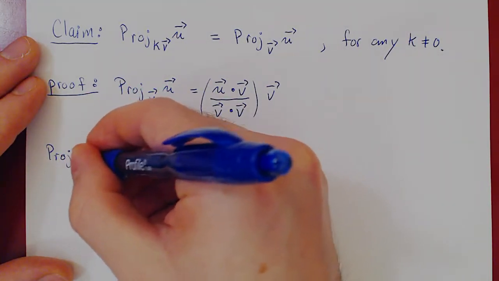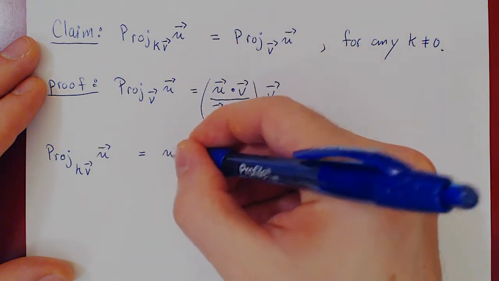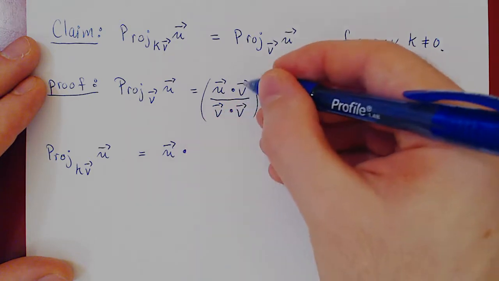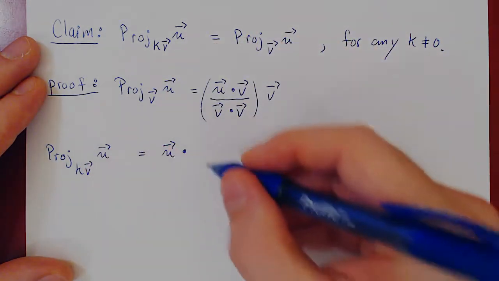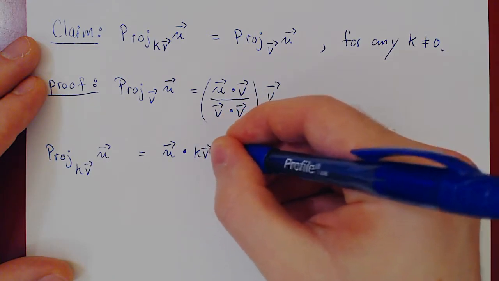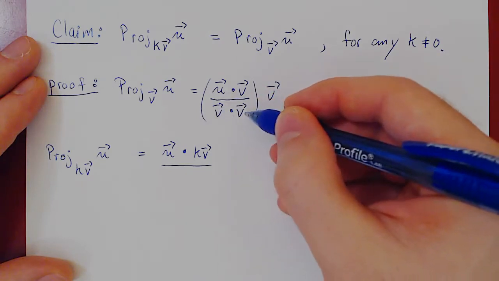So, projection of u onto kv. It is this vector, so u, dotted with the vector we are projecting onto, and here this is kv, over the vector we are projecting onto dotted with itself.